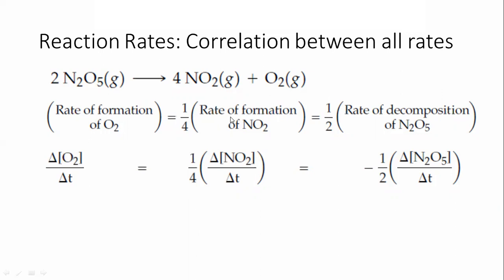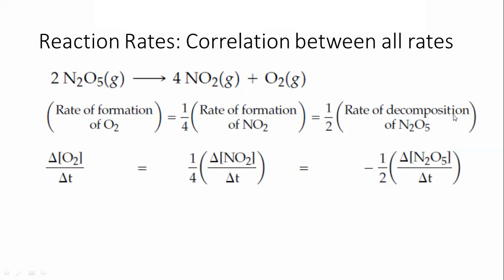Again, the rate is the change in concentration, but here it is the NO2. You are just putting the NO2 inside, divided by the change in time, that is called the rate of formation of NO2. So again, let's move to the third one.